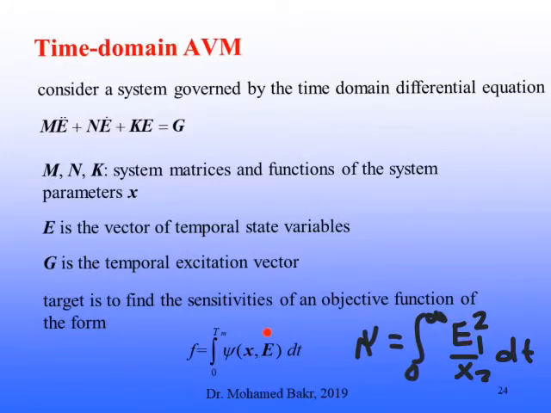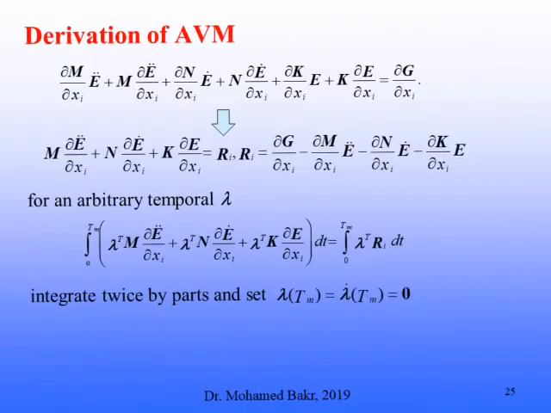This kernel function will have both explicit dependence and implicit dependence. So if I want to differentiate psi relative to, say, this x2, I will have to differentiate 1 over x2, which is the explicit part, and then differentiate this term relative to E1, and then differentiate E1 relative to x2, which is the implicit part.